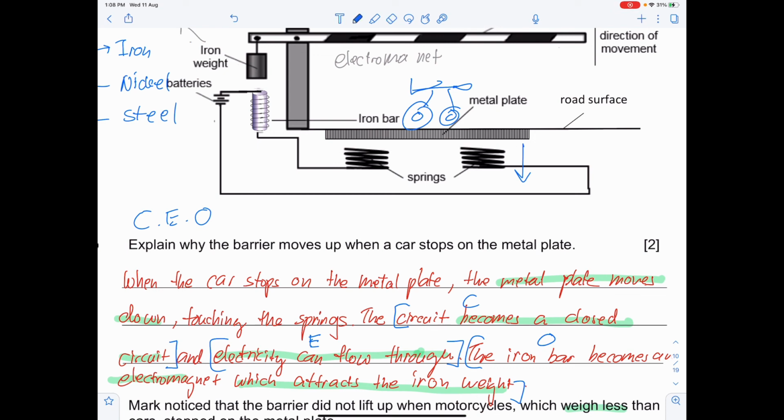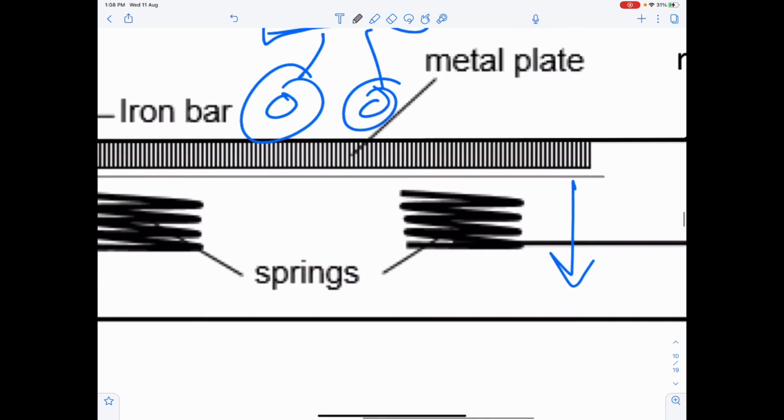Maybe it gets lowered to perhaps this level, somewhere here. There is still a gap. So how do you close this gap? It doesn't matter if you use a stiffer or a less stiff spring. The fact that it doesn't touch means it doesn't touch.